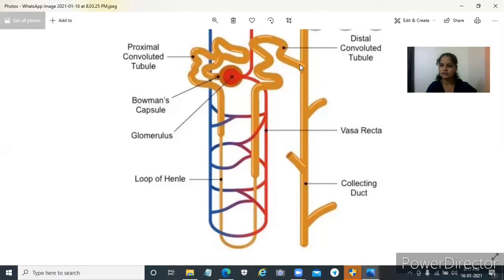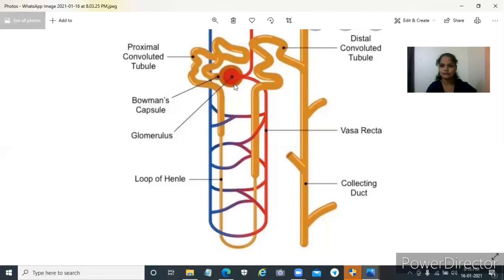Collecting tubule is nothing but a straight part of the distal convoluted tubule. The major function of the collecting tubule is reabsorption of water, and again they open into the collecting duct. Again they secrete protons. So all this part is related with the structure of nephron.